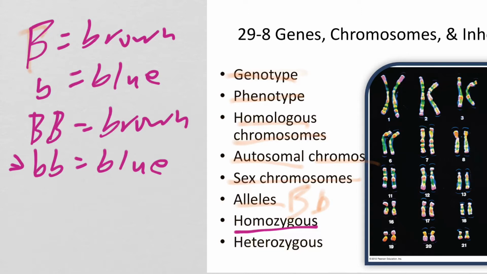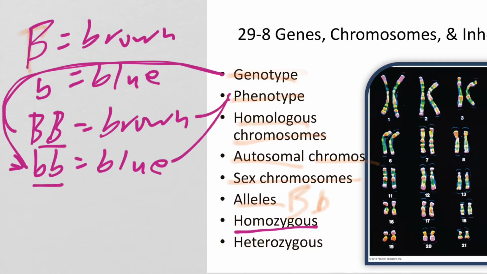So here again, these are your genotypes. And then the brown versus blue, the trait that is expressed is the phenotype. So the letters are the genotype and how it shows up on you is the phenotype.